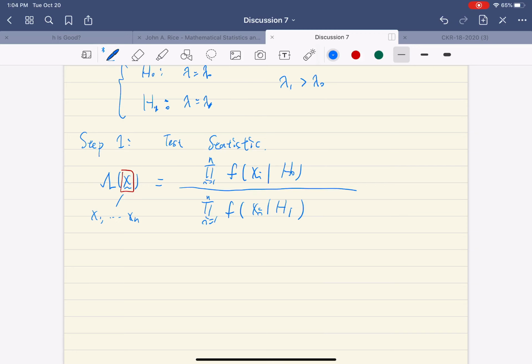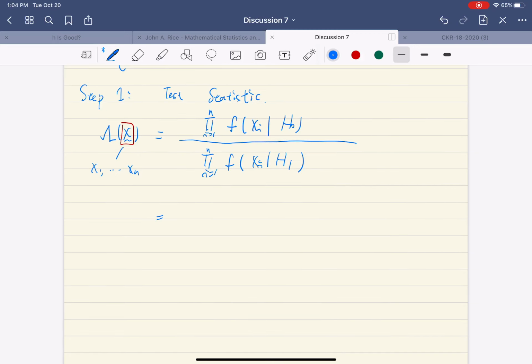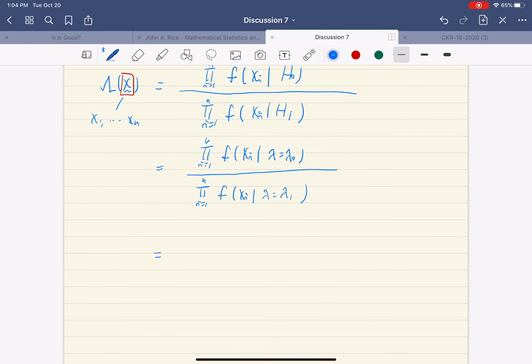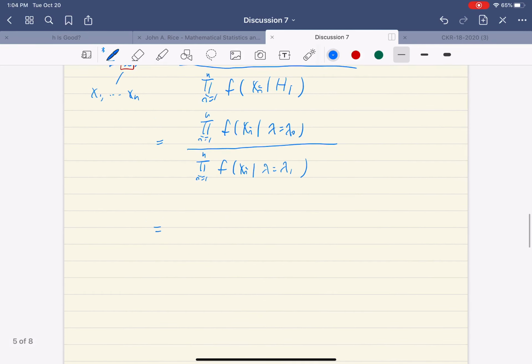Then we can plug in the values for the hypothesis testing. So the numerator is lambda equal to lambda 0, and the denominator is lambda equal to lambda 1. Then next we have to plug in the density.